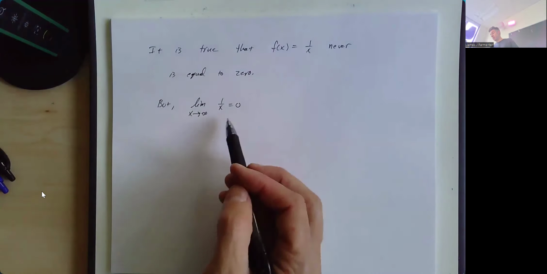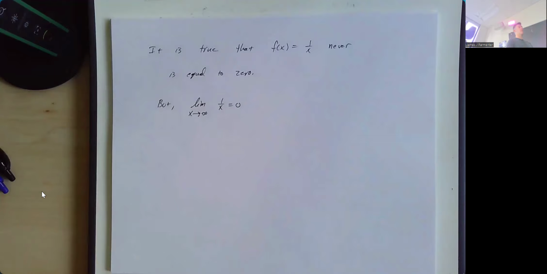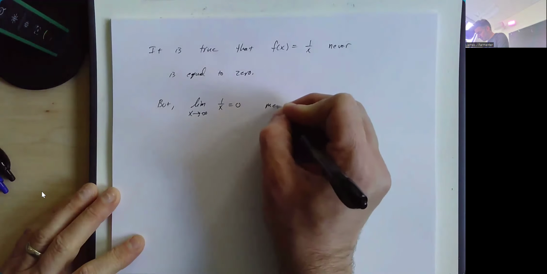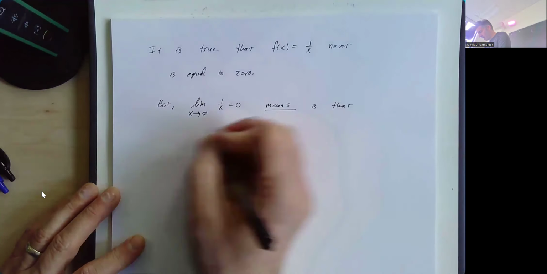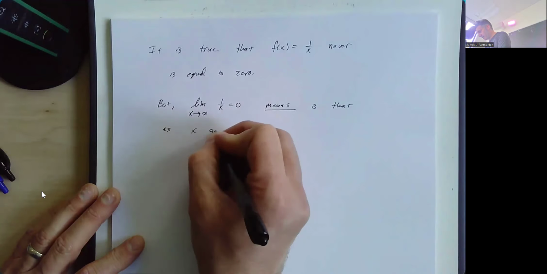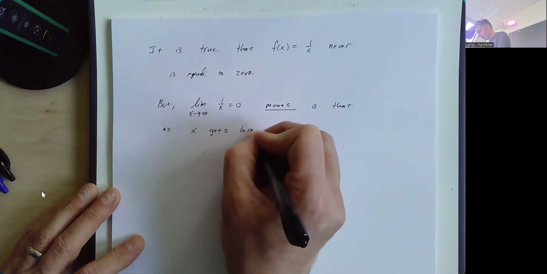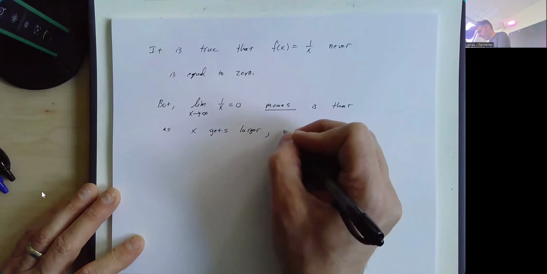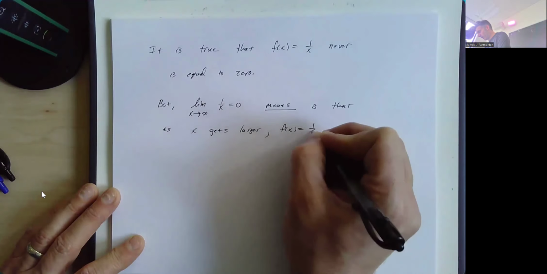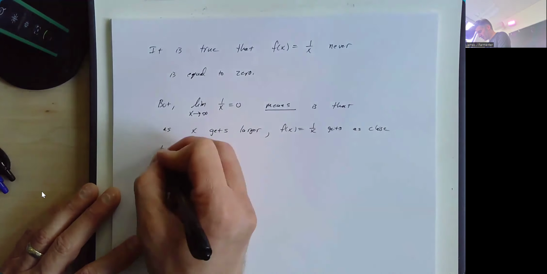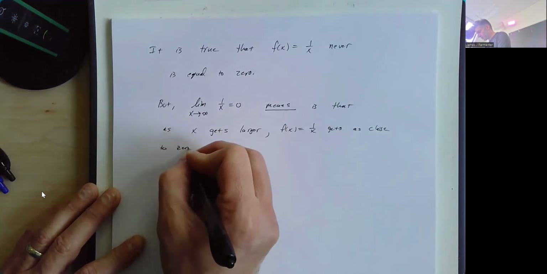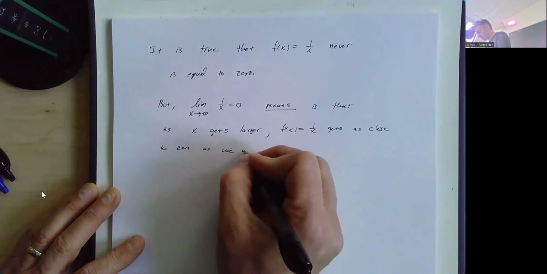So this notation doesn't mean that the function ever equals 0. What this means is that as x gets larger and larger, f of x equal to 1 over x gets as close to 0 as we want.